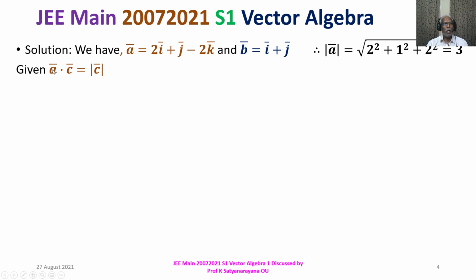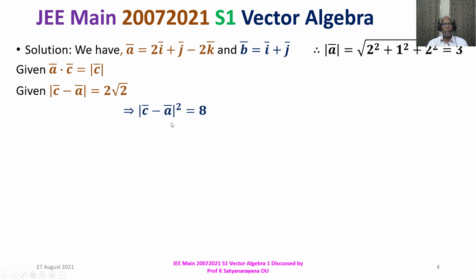Given A bar dot C bar is equal to modulus of C bar. Given modulus of C bar minus A bar is equal to 2 root 2. Square on both sides. Modulus of C bar minus A bar square is equal to 2 root 2 whole square, which is equal to 8.